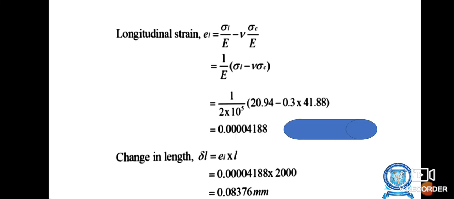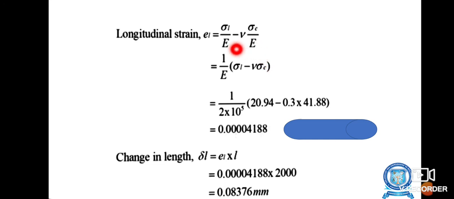Next, we find out the longitudinal strain. The formula for the longitudinal strain, e L, is equal to sigma L divided by E minus mu into sigma C divided by E. We simplify that formula: 1 divided by E, longitudinal stress minus mu, that is Poisson ratio, mu into hoop stress.